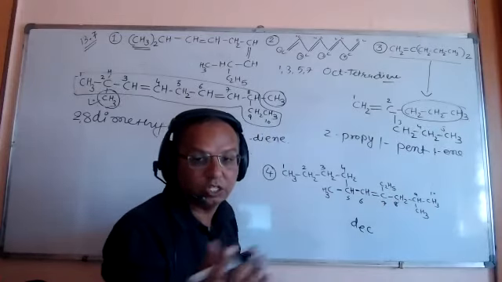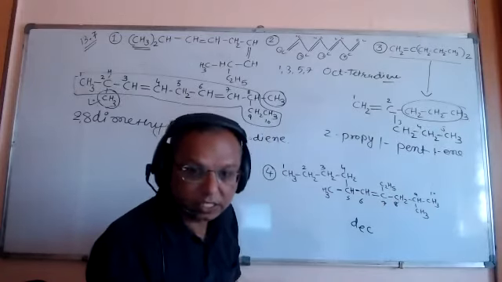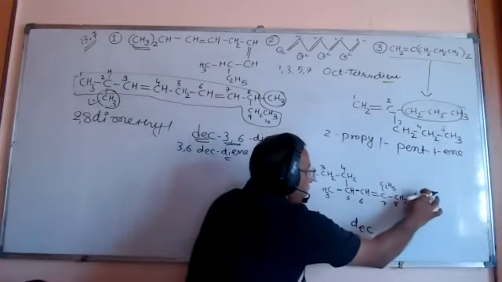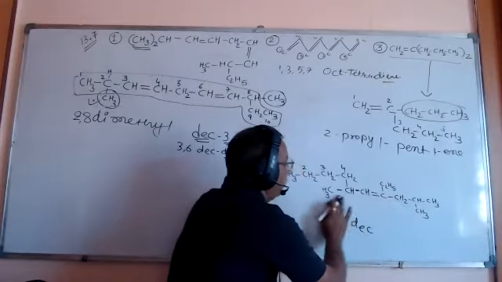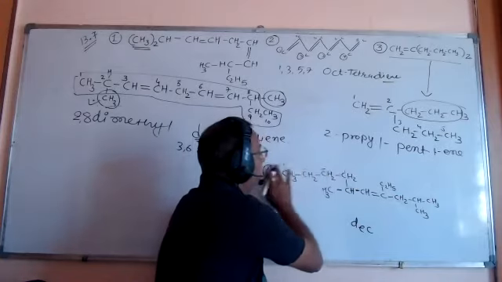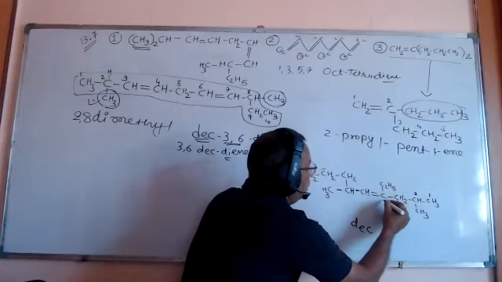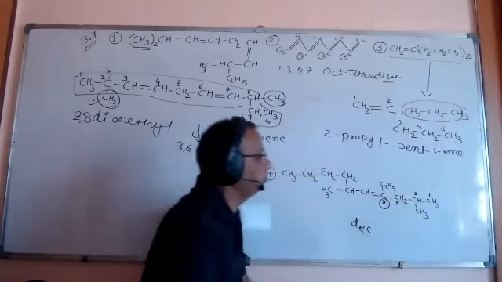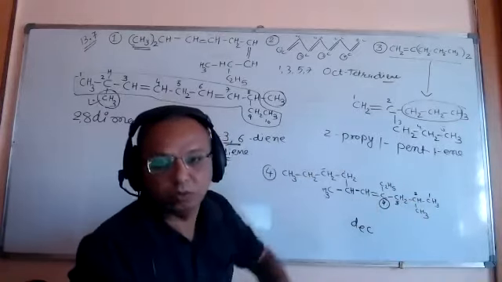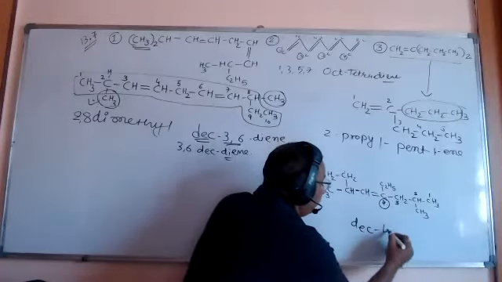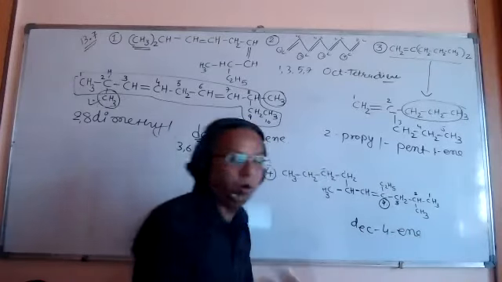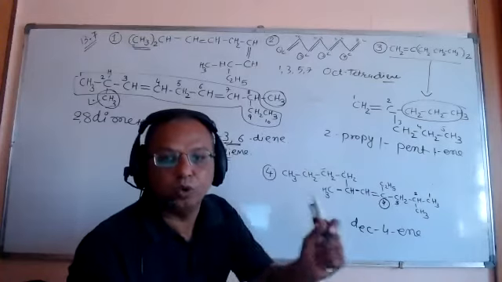Both these things will come at a lower number. That's why this numbering will not be considered, friends. Instead of this, we will consider the numbering from the right side, 1, 2, 3, 4. This is the fourth carbon. On the fourth carbon, double bond is present. That's why dec 4 ene is there. Only one time double bond. That's why 4 ene is mentioned.